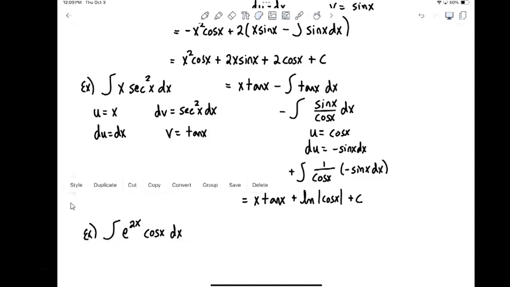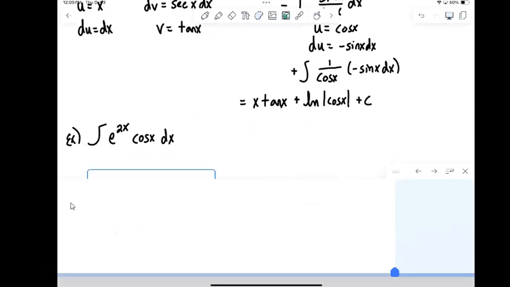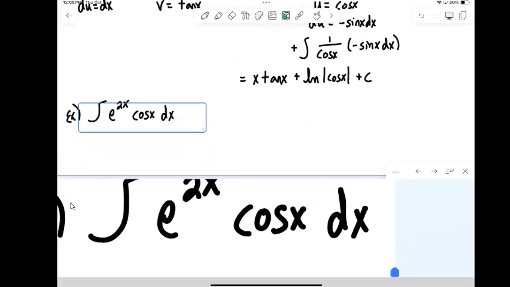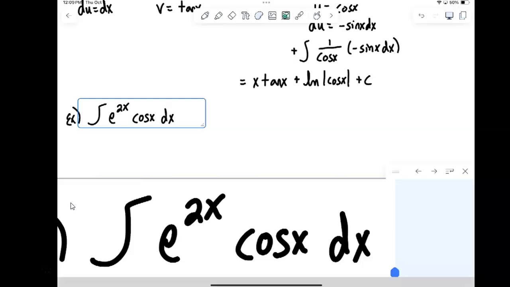Okay, so in this one that we're looking at here, now we have the e to the 2x cosine x. So in this case, neither one of them is something that has a derivative that will eventually disappear.